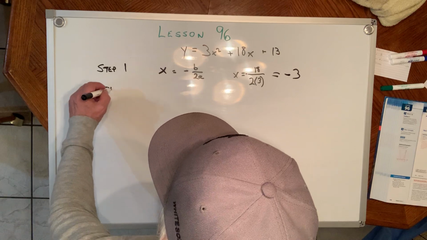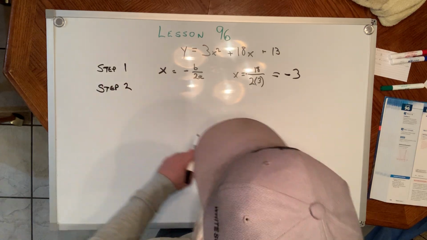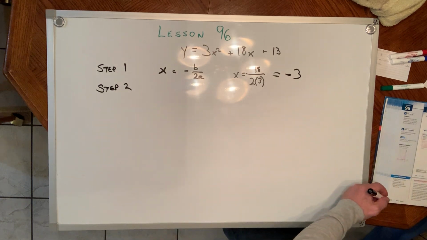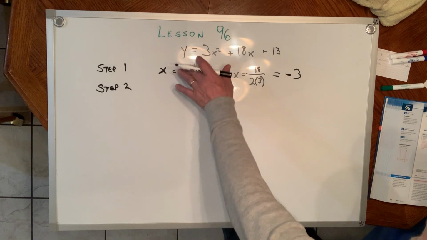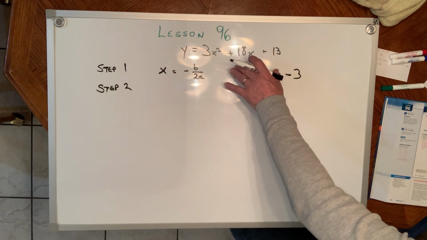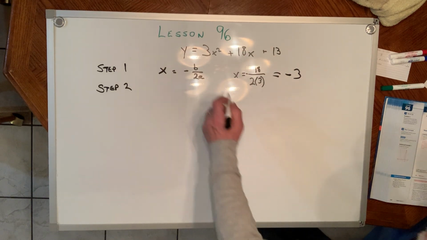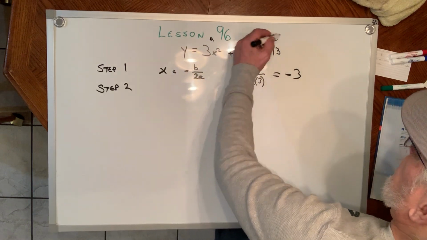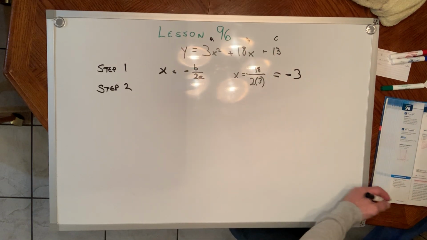That was step 1. We move on to step 2. Okay, step 2, we got to find the vertex. Okay, and in step 2, we have that same equation. And what we're going to do is plug in our numbers. This is actually, if you really remember, it's A, B, and C right here. Okay, so now we're going to plug this in.